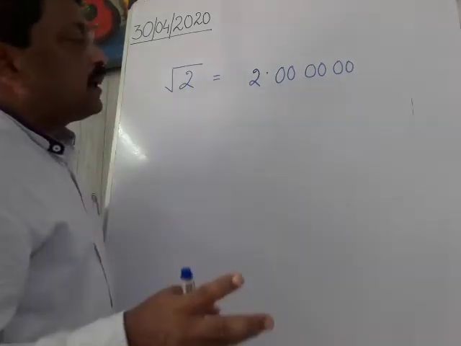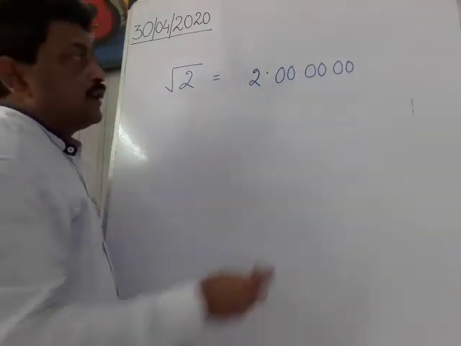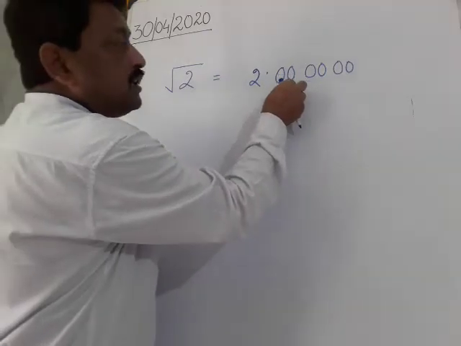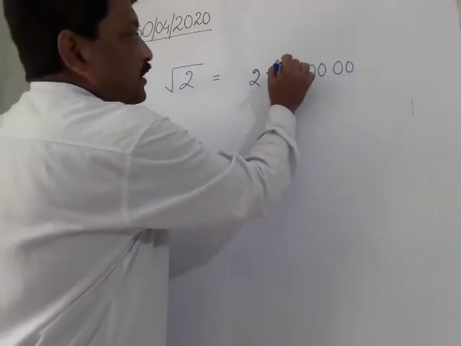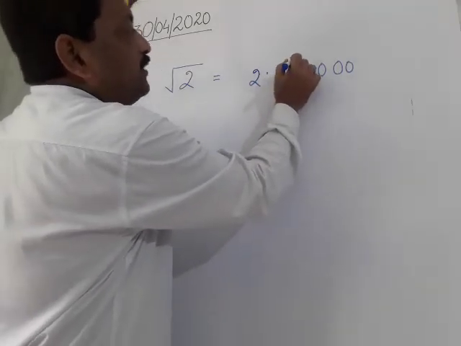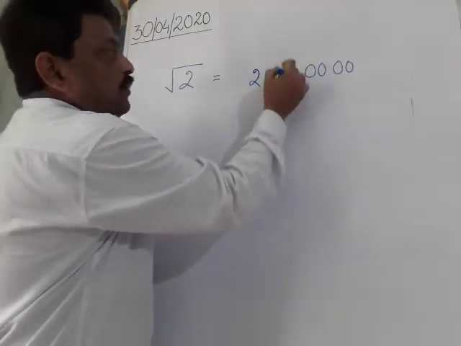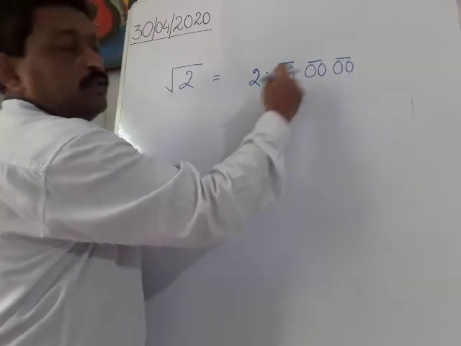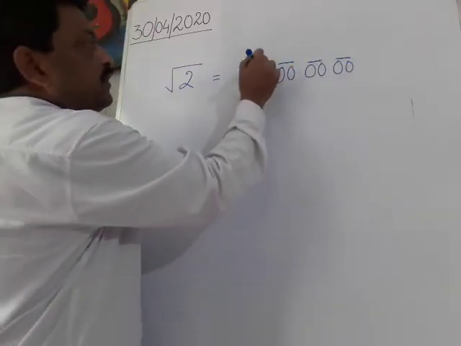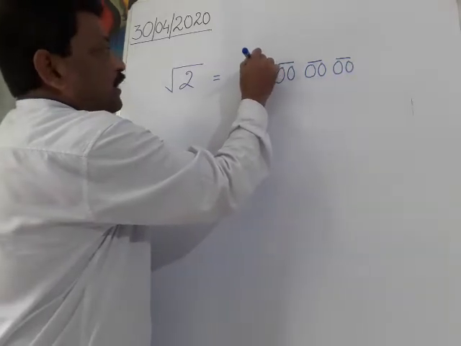So for finding the answer up to 3 decimal places, I have to make 3 periods which contain 2 zeros in one period. Now grouping it from left to right for the decimal part, and for the integral part from right to left, like this.